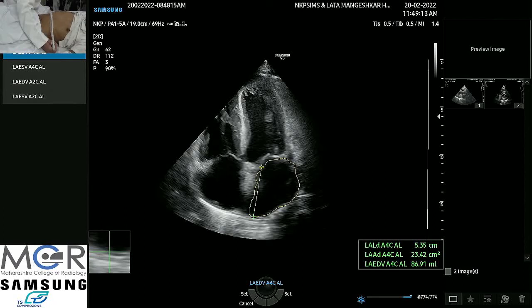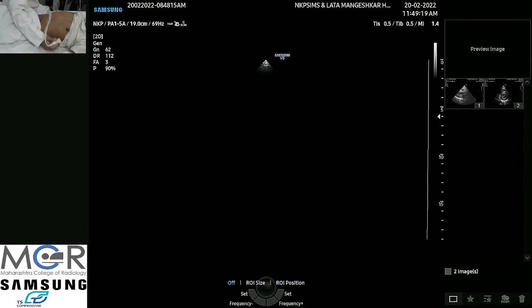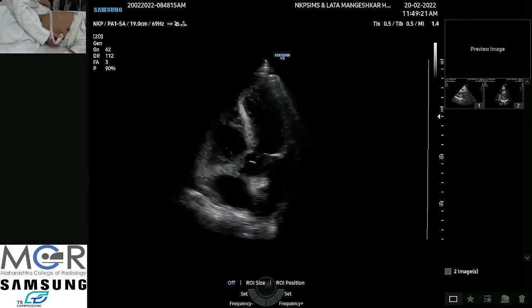The left atrium is slightly enlarged. So this is how we can take measurements of the left atrium also.